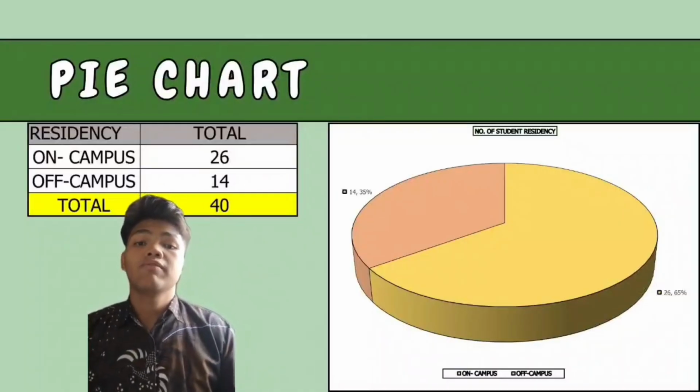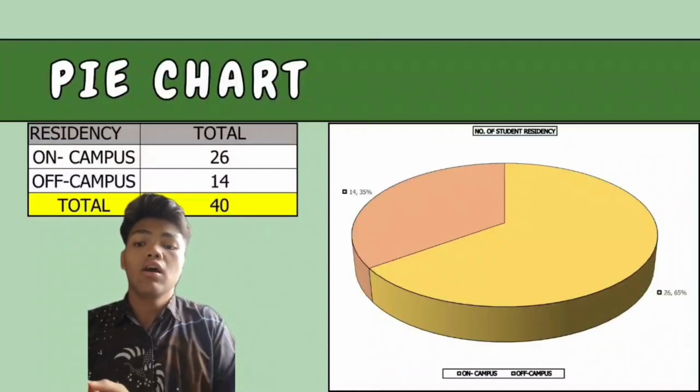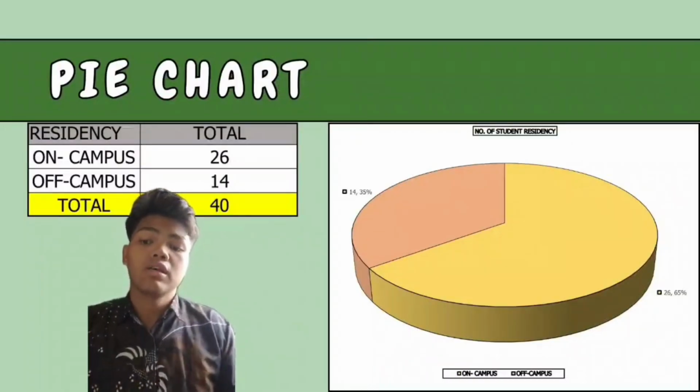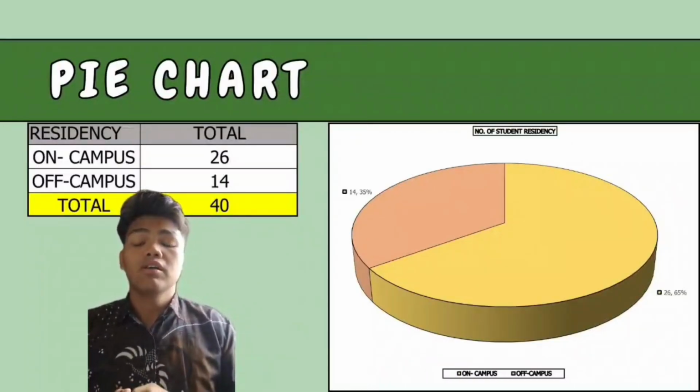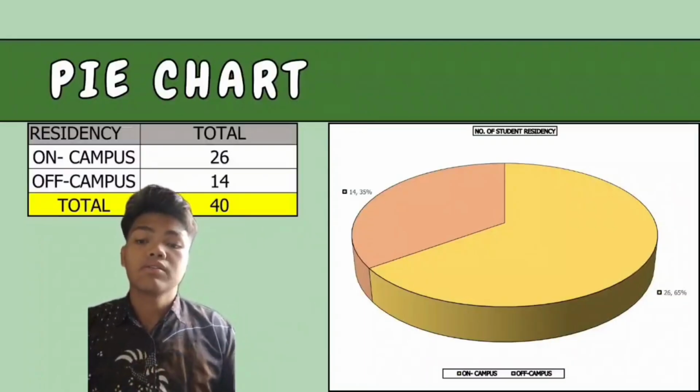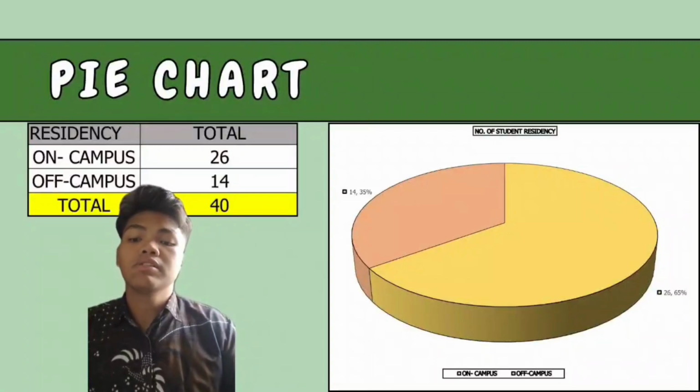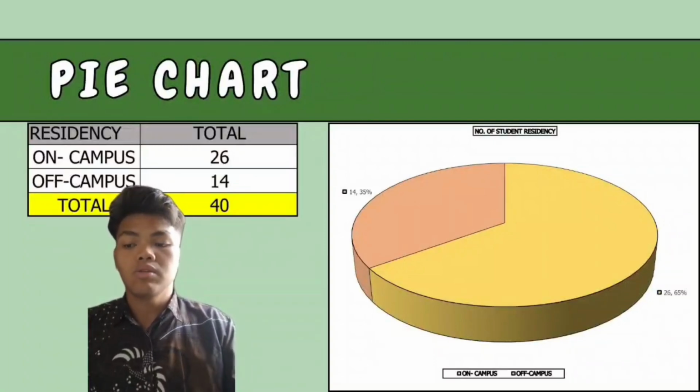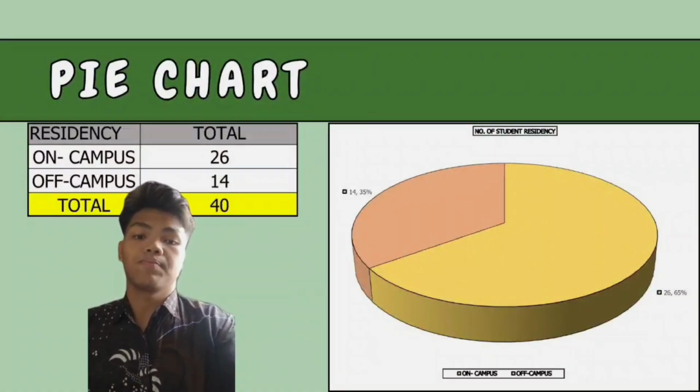On campus, we have 26 students, and off campus, we have 14 students. The percentage is 65% for on campus and 35% for off campus.